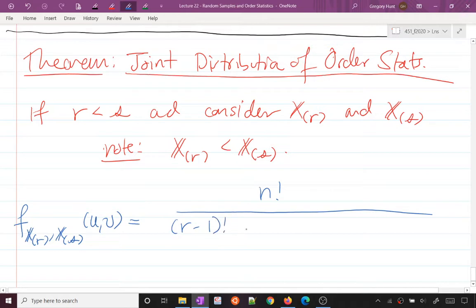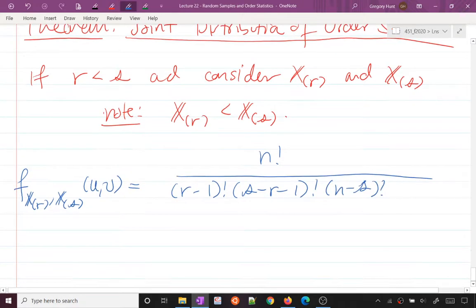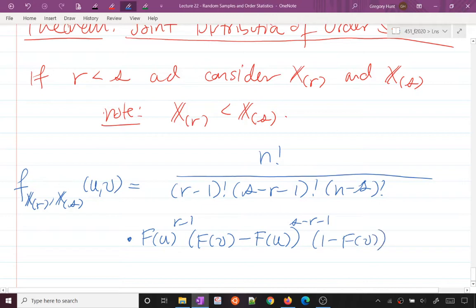It's n factorial over (r minus 1) factorial, (s minus r minus 1) factorial, (n minus s) factorial. Times, and we're going to write in the next line, F(u), the marginal CDF, to the power r minus 1, times (F(v) minus F(u)) to the s minus r minus 1, times (1 minus F(v)) to the n minus s, times little f(u), times little f(v).